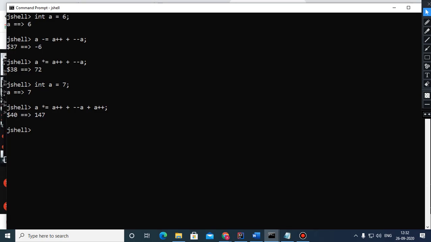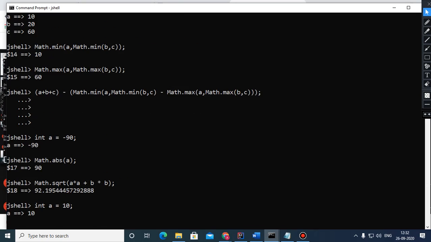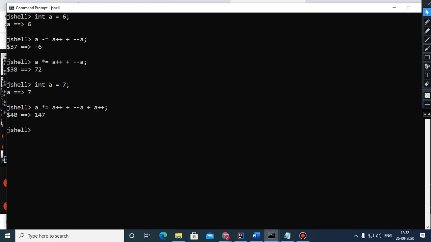Okay, now children, suppose here the value is 10, and if I am writing n is greater than or equals to 10, what is the answer? Yes, absolutely correct. The answer will be true. Got it?